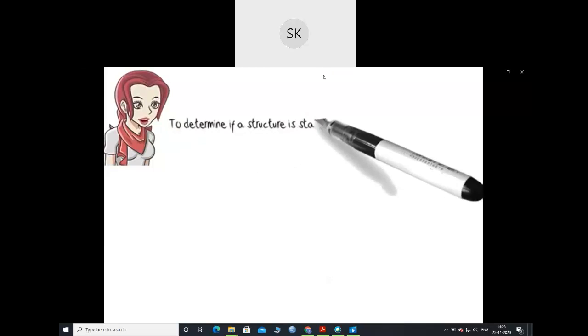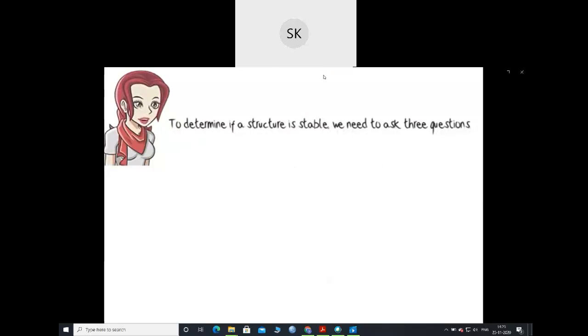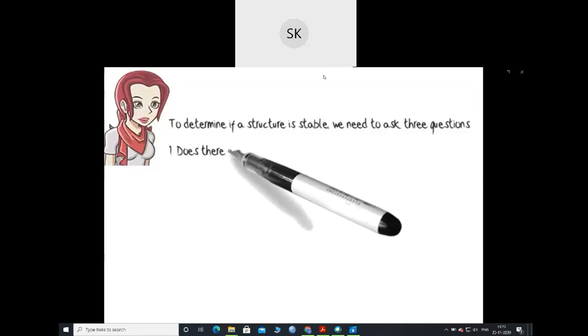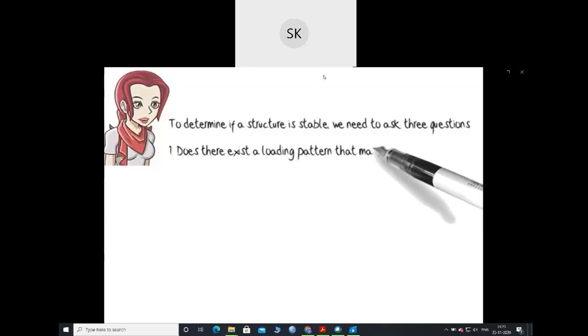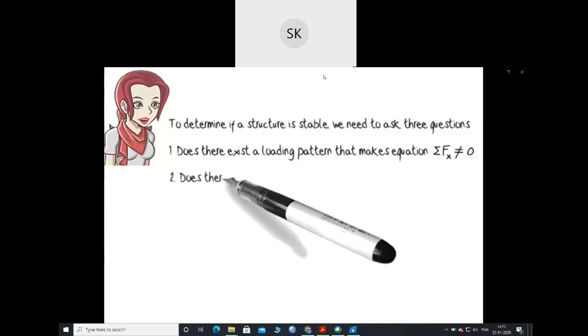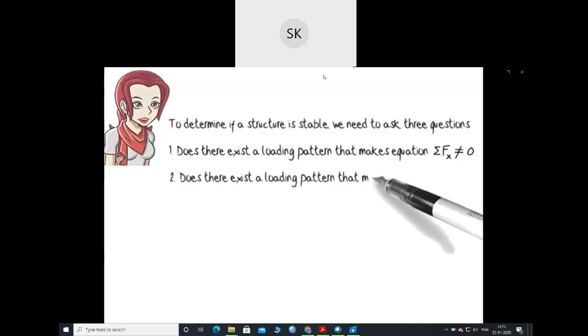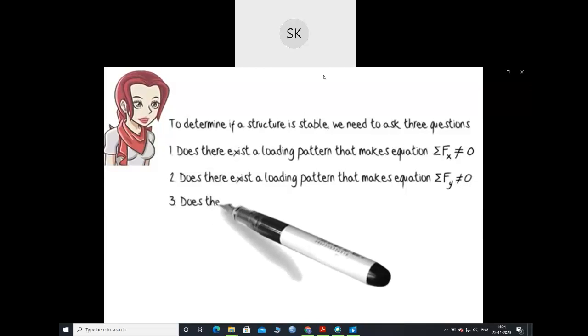To determine if a structure is stable, we need to ask three questions. 1. Does there exist a loading pattern that makes equation sum of the forces in the x direction equals 0 unsatisfiable? 2. Does there exist a loading pattern that makes equation sum of the forces in the y direction equals 0 unsatisfiable? 3.